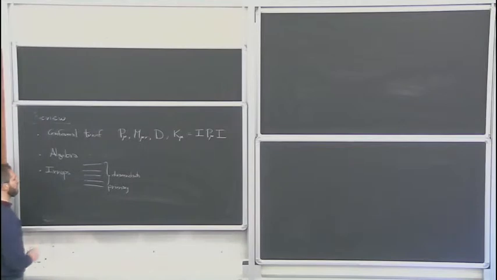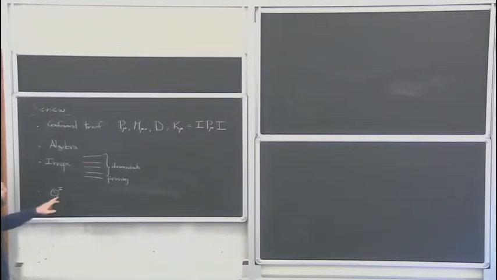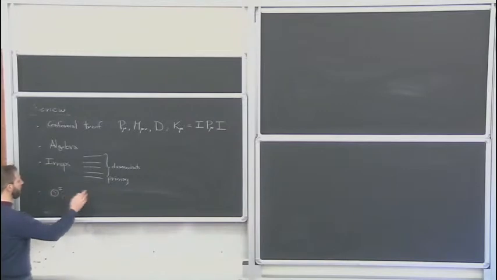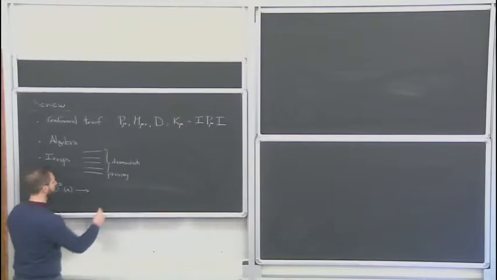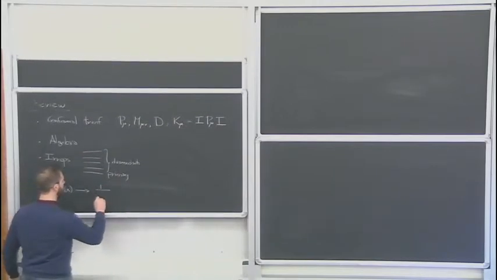And also we obtained the transformation properties of fields. So we obtained that a primary field which belongs to some irreducible representation of the Lorentz group with index I, collectively called I, under a conformal transformation, transforms with a prefactor, omega to the power delta.